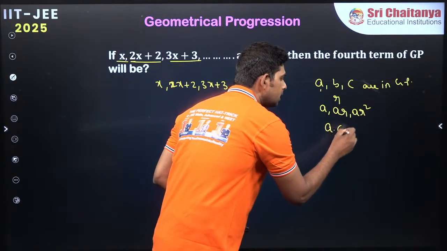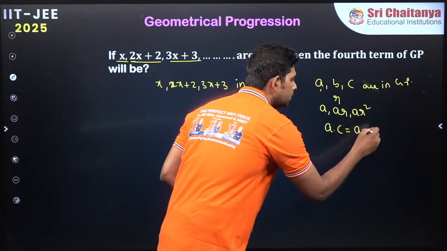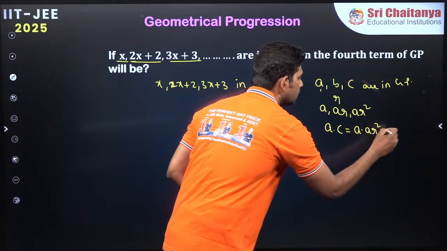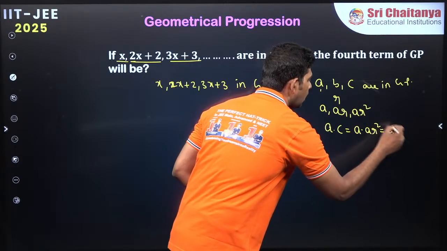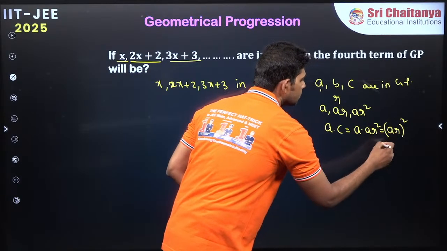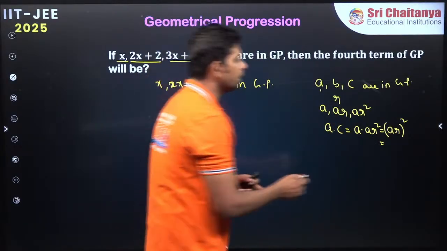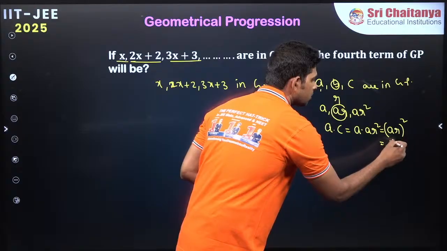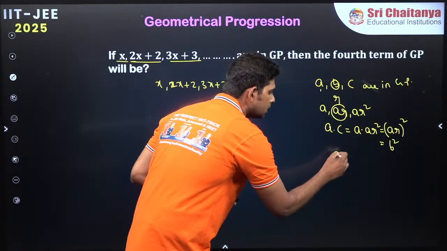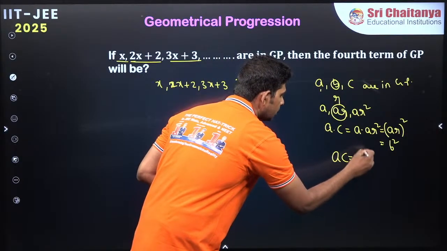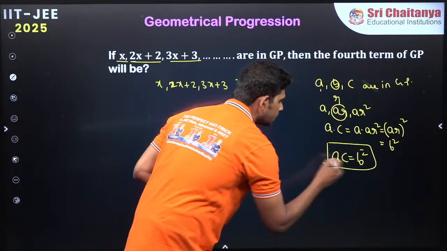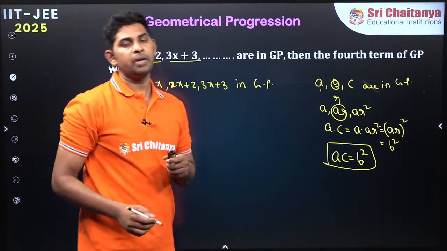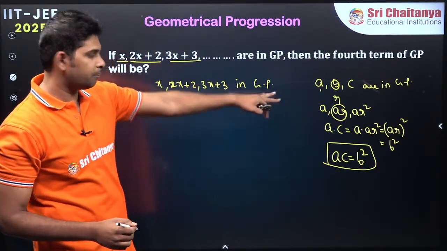A times C is equal to A into AR square, which is equal to A into R whole square. AR is nothing but B only, so that is B square. So we have got a property here: if A, B, C are in GP, then definitely AC must be equal to B square. That is the basic property of GP.